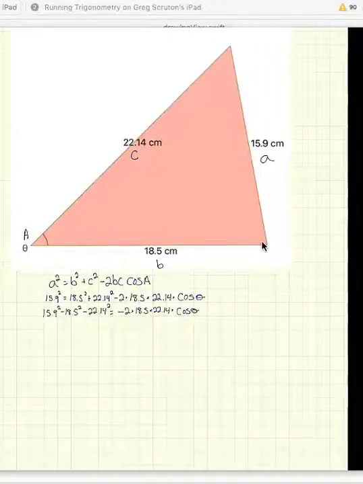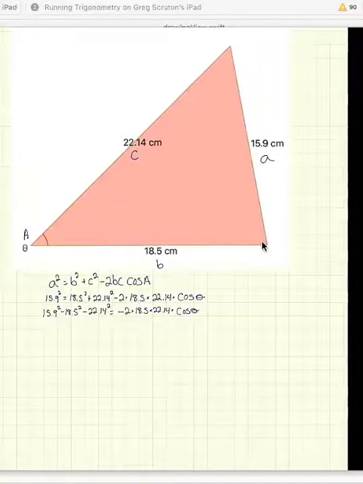All right, so I want to get my cosine of theta alone, and it's being multiplied by negative 2 times 18.5 times 22.14. So I'm going to divide both sides by the negative 2 times 18.5 times the 22.14.